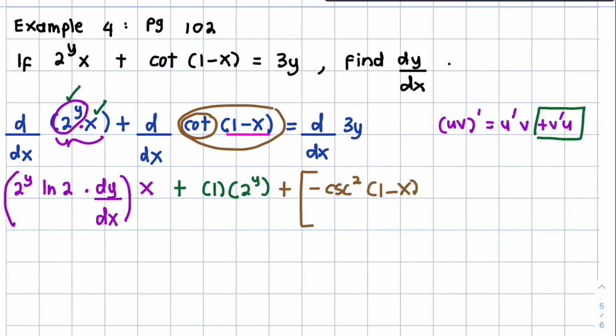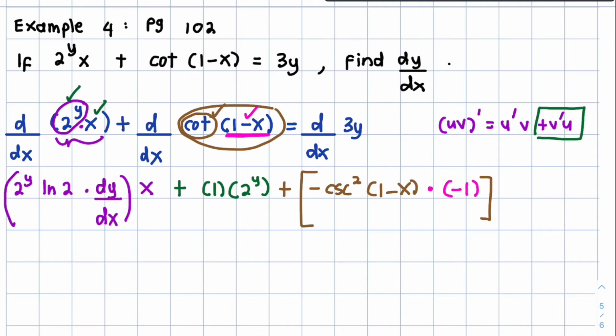Multiply by, this one is a chain rule, your inner function is 1 minus x, if you differentiate this, differentiate 1 will give you 0, differentiate minus x will give you minus 1. Right, then close the big bracket. Okay, so settle cotangent, settle for 1 minus x.